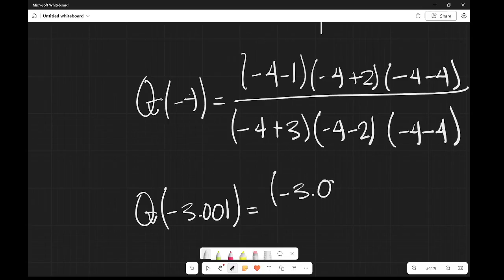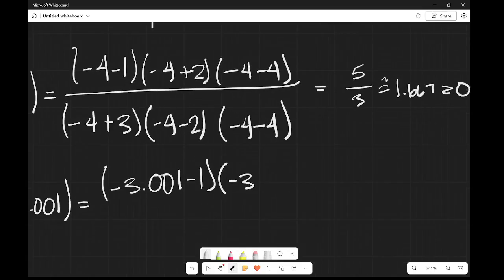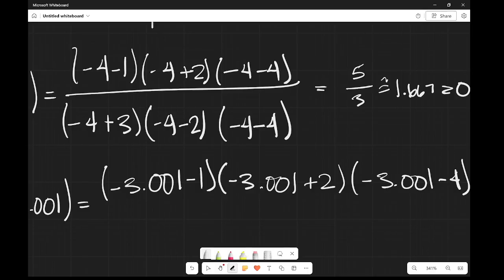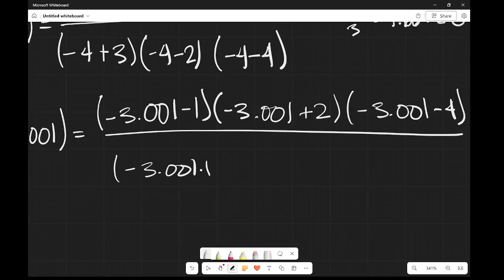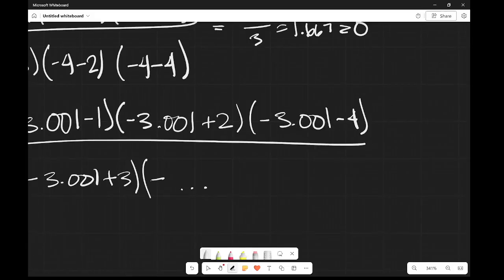This becomes pretty annoying after writing a few of the factors, and this is why the calculator is good. So, calculator table.